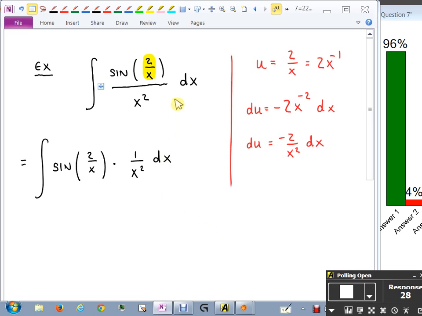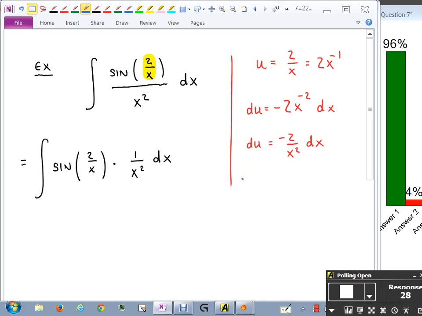So do we have something and its derivative? Here's the something, right? The 2 over x, its derivative is this. Is this right here? Not quite, right? I'm off by a constant, right? So what should I do to make this over here a 1 over x squared dx? Divide both sides by negative 2 or multiply by negative 1/2, either way.